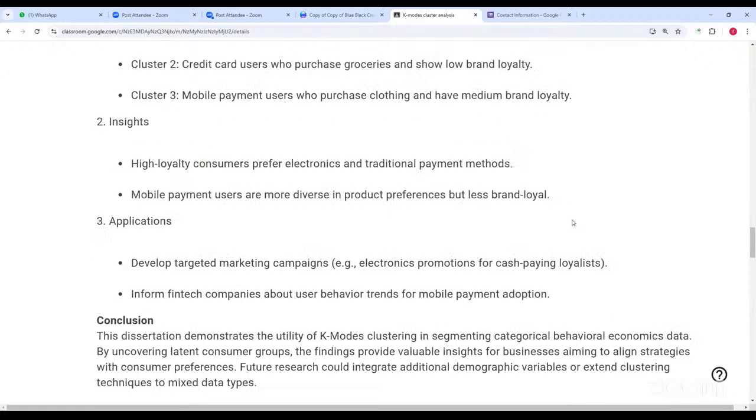Take the first example: if you visit any electronics shop, specifically for a mobile, you will find that the salesman will push a high-range mobile. The first question is, sir, are you in service or are you in business? If you are a businessman, then the question is related to your purpose for purchasing the mobile.